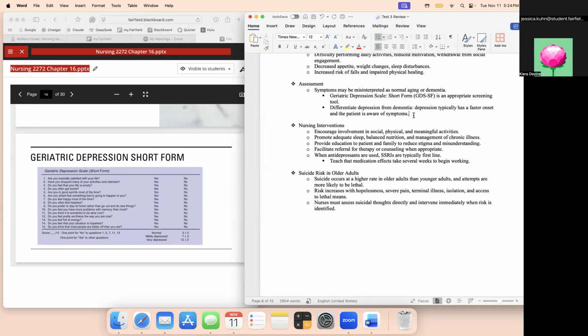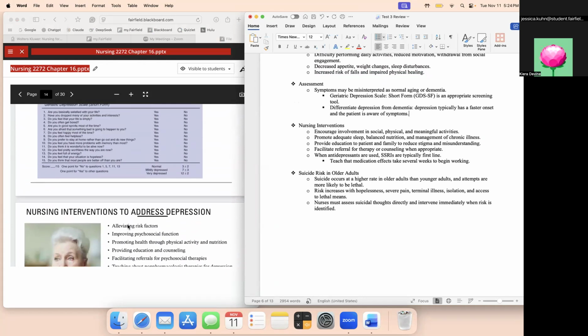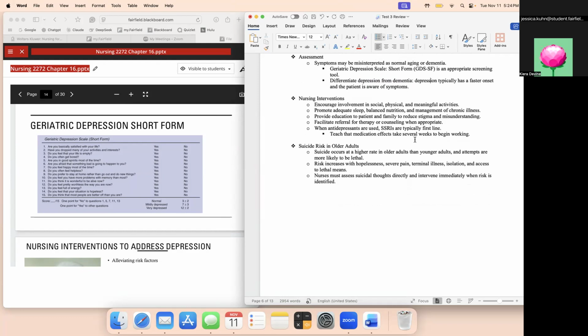The geriatric depression scale is just this short form, and it can rate the severity of a patient's depression. It's also important to differentiate depression from dementia. Depression is typically faster onset, and the patient is aware of the symptoms.